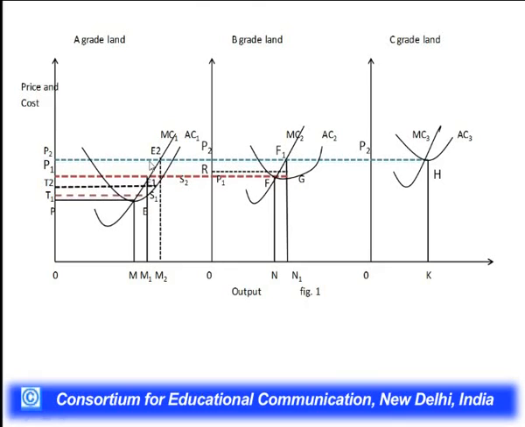So this was the case of extensive cultivation in which we have seen that we are bringing into cultivation all types of land. Firstly, A land is brought under cultivation, no rent is there.